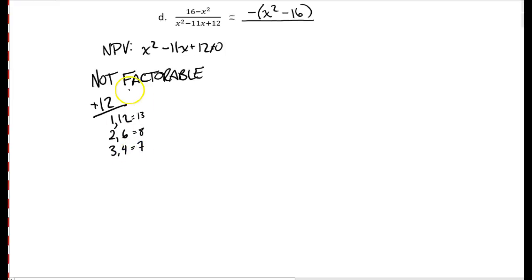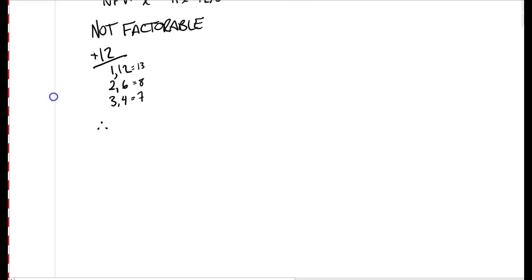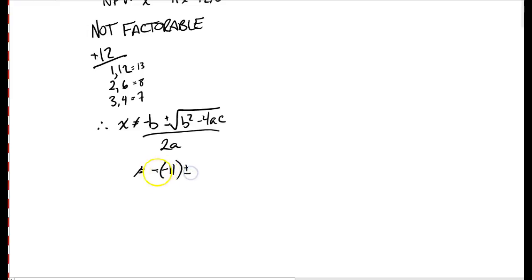So no scenario gives me 11, which means again, I am dealing with my quadratic equation, negative b plus or minus the square root b squared minus 4ac, all divided by 2a. Negative 11. Okay, and again, watch those signs.